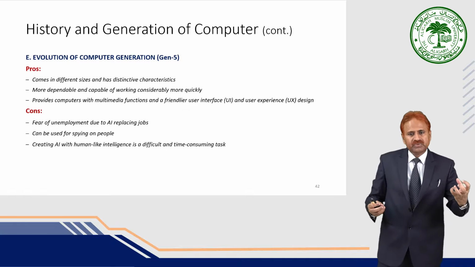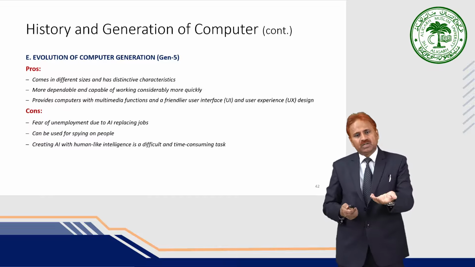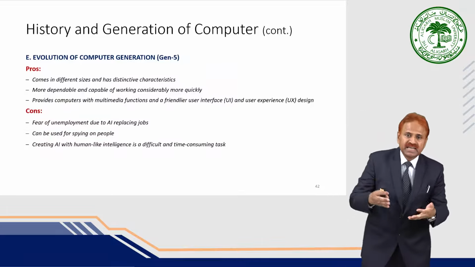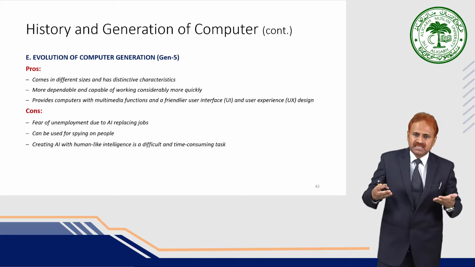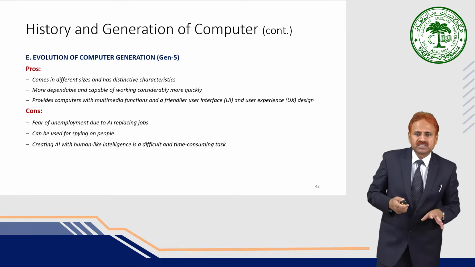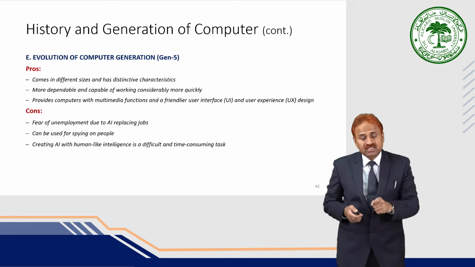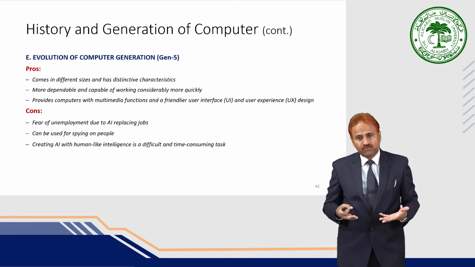Now, with the advancement of technology, we have reached a state where handheld devices are on our palms. The size has reduced, while the speed has incredibly increased compared to the first generation computers. As far as the cost is concerned, computers have become less expensive and more powerful.